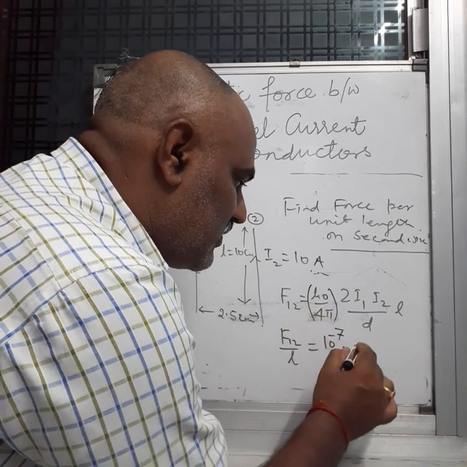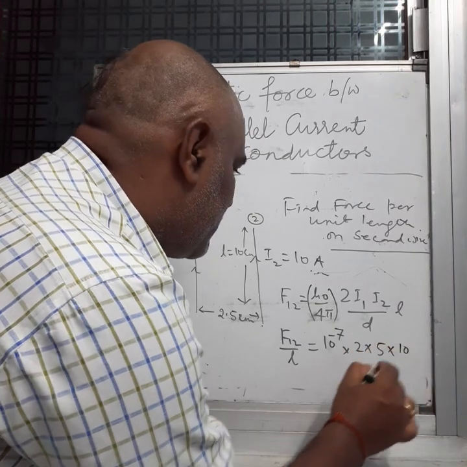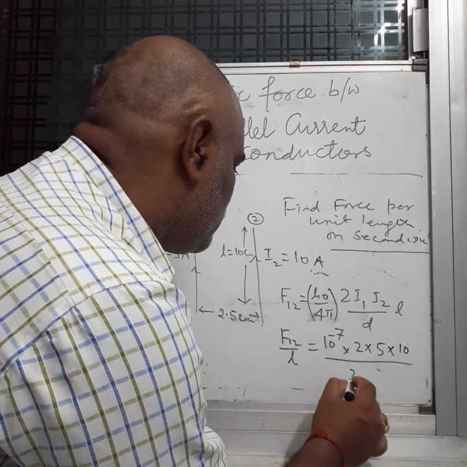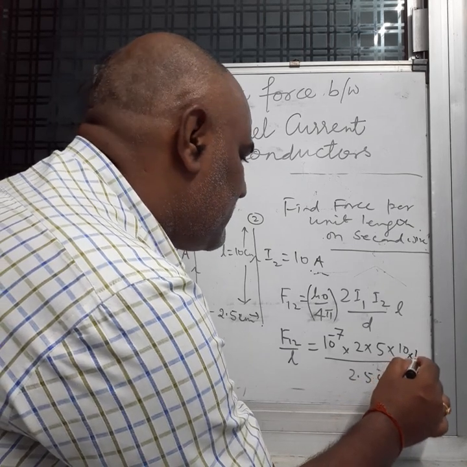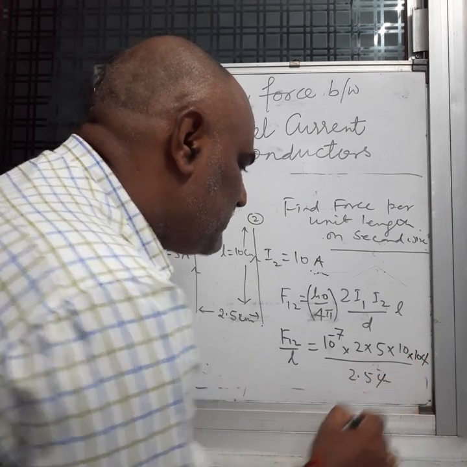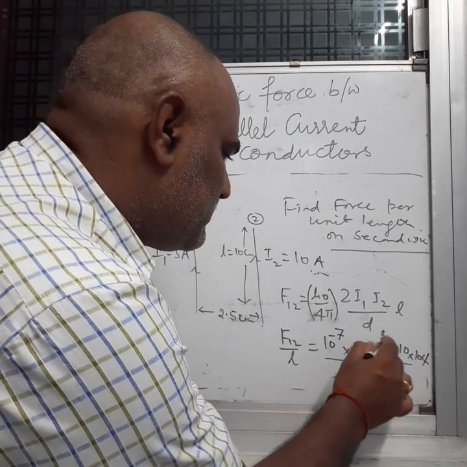I1 in ampere, I2 in ampere SI units, D is 2.5 cm and here 10 cm. So cm cancels, no problem, and you solve it.